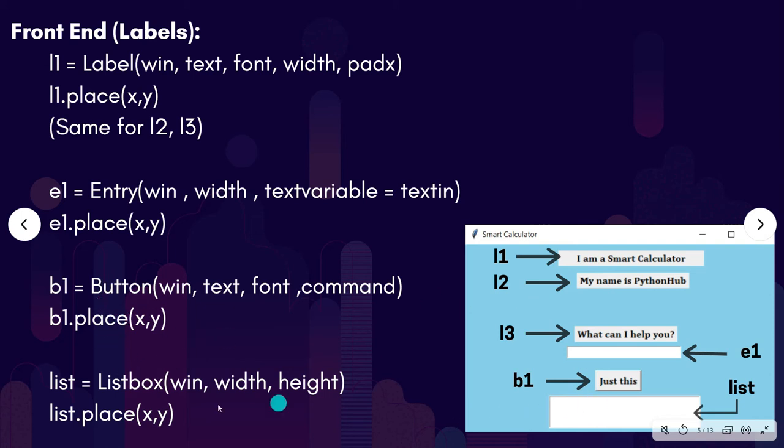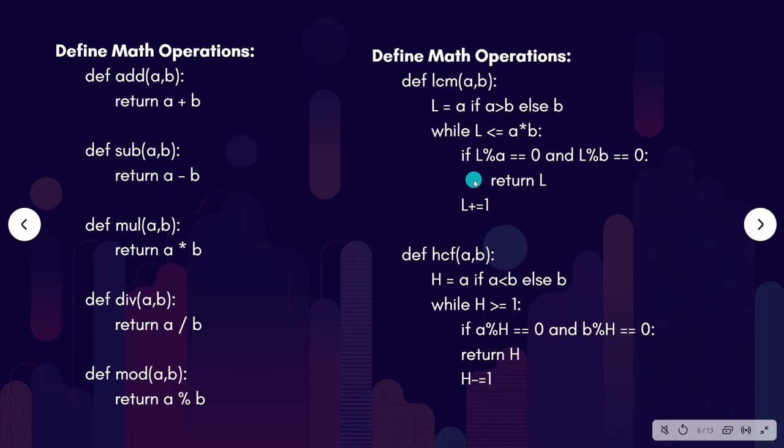And finally, we will create a list to display our output. So we will use the Listbox method and pass window, width, and height for this list box. And then we will place this list by giving x and y positions. After defining the interface, we will define our mathematical functions, and they are very easy to define.